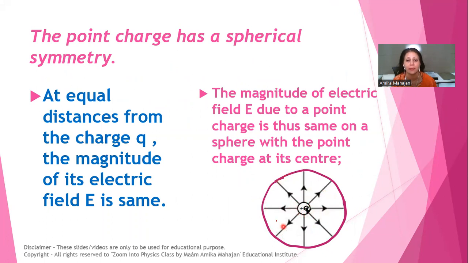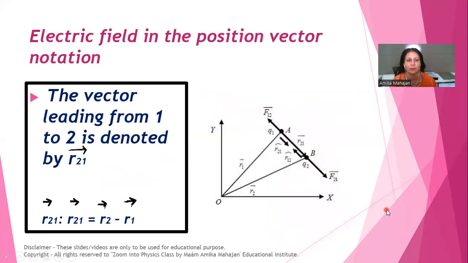I mark a point on each line at equal distance from plus Q. So what we find is that electric field due to a point charge is the same on this sphere where charge is present at its center. So at equal distances from the charge Q, the magnitude of its electric field is the same. This is known as spherical symmetric charge. So point charge is a spherical symmetric charge.